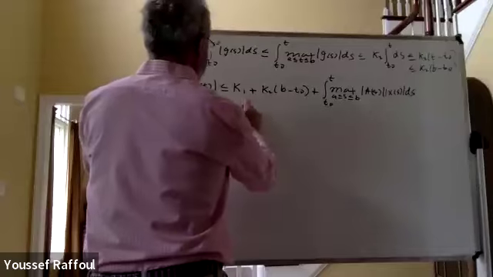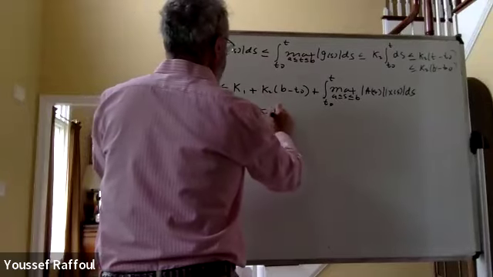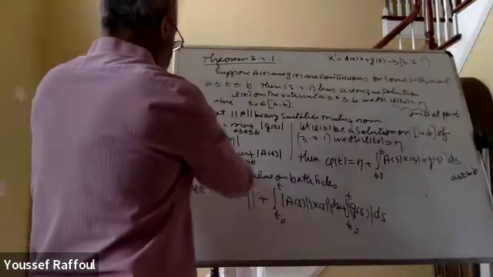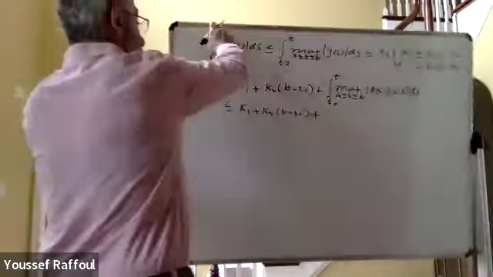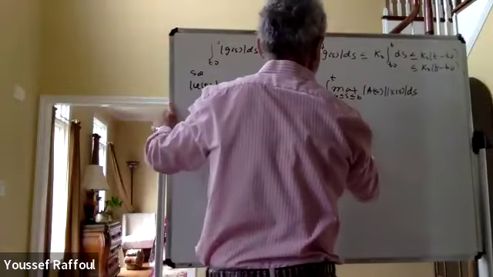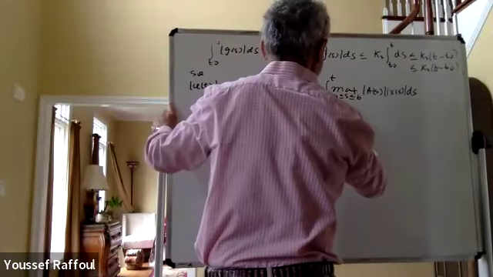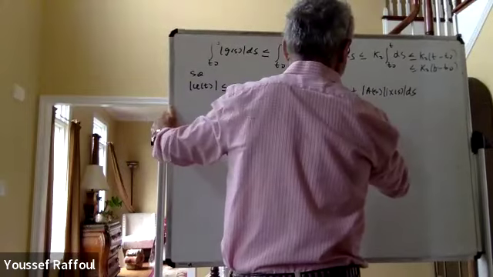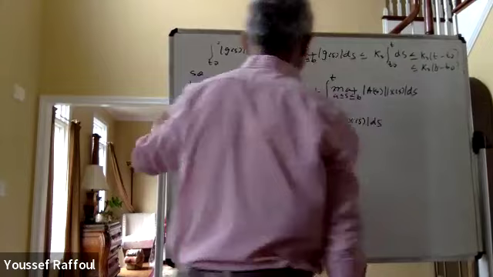So this is less or equal to K1 plus K2 (b minus t naught), plus the maximum of this, which is K3, times the integral from t naught to t of phi(s) ds.